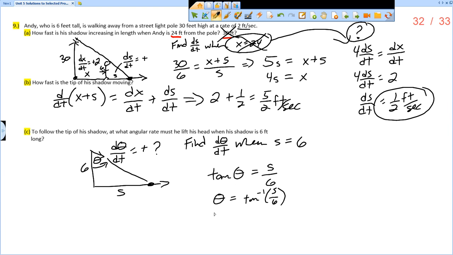Now if I take the derivative, I get just d theta/dt. Remember the derivative of the inverse tangent is 1 over 1 plus u squared. So 1 over 1 plus (s over 6) squared, times the derivative of s over 6, which would be 1/6 times ds/dt. So don't forget about that.